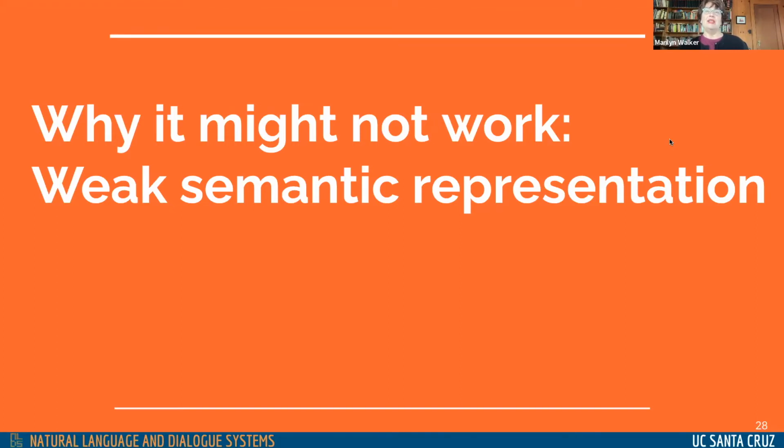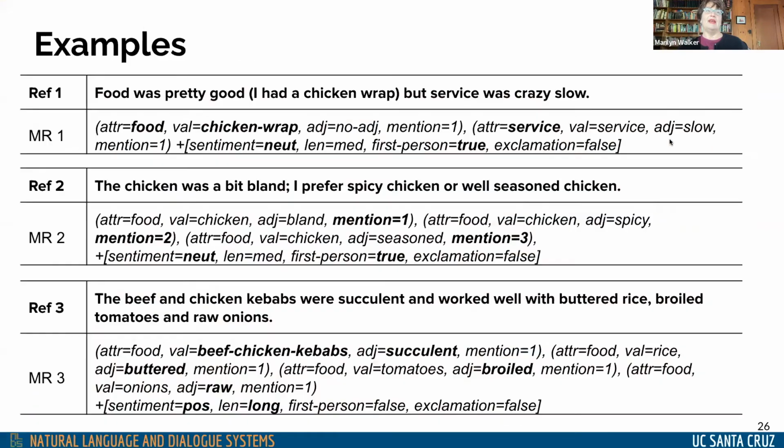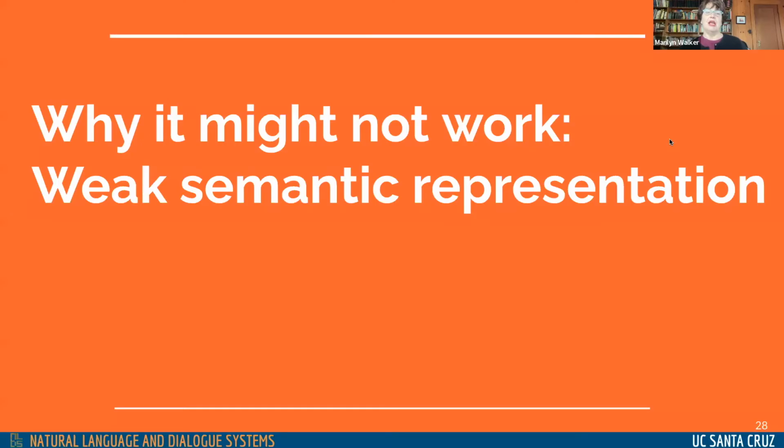One of the main reasons is that it's quite a weak semantic representation. There's a lot going on in these sentences that is not actually represented in the markup that we generate. So it's interesting that because we have such a huge corpus of 300,000, with the smoothing with these control variables, we actually do get very good semantic control because the model seems to learn to ignore all the stuff that's not marked up.